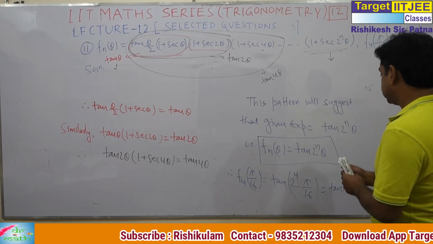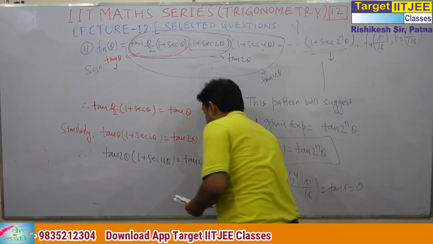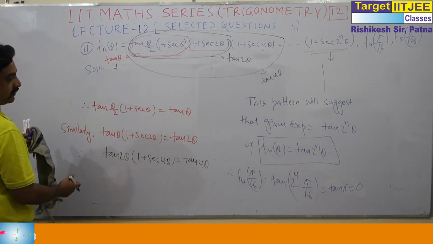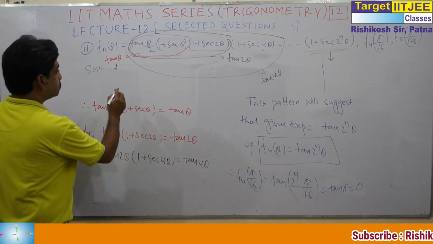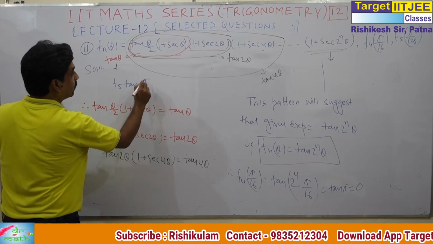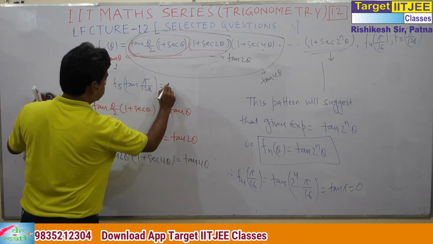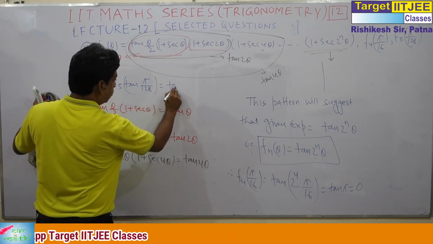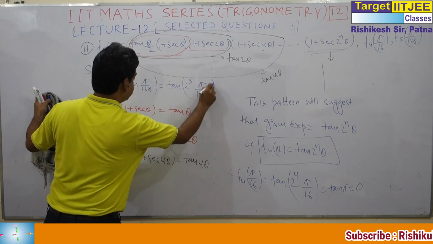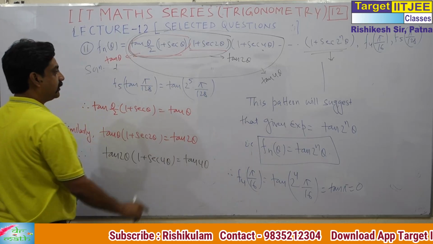What about this one? Let me write here. What is this one? F5 of pi by 128. So this is tan 2 to the power 5 into pi by 128. I think you are getting it. For n equal to 5, this is 2 to the power 5. For theta, this is pi by 128.